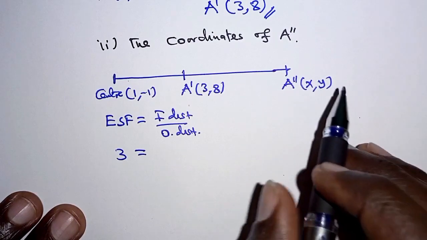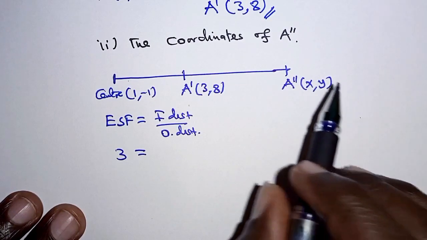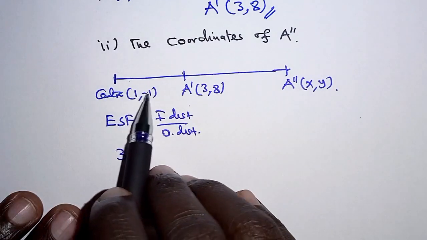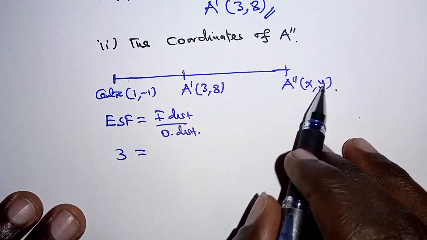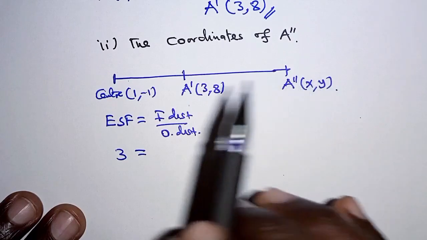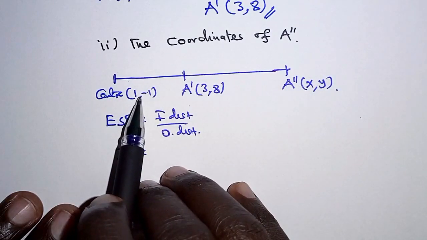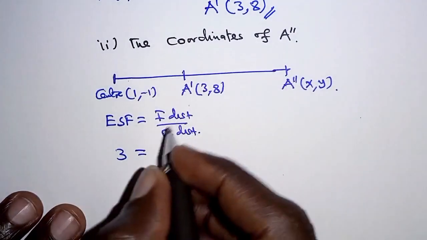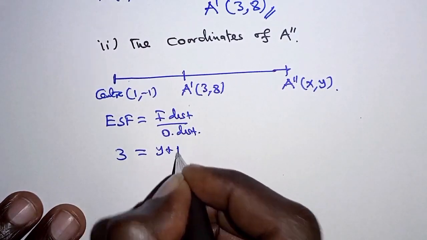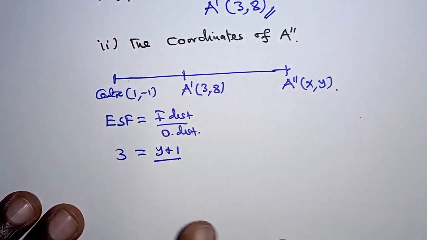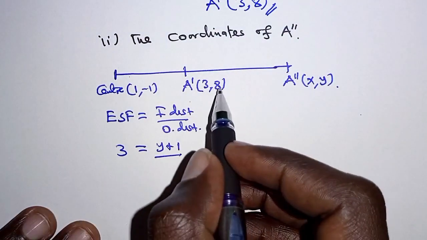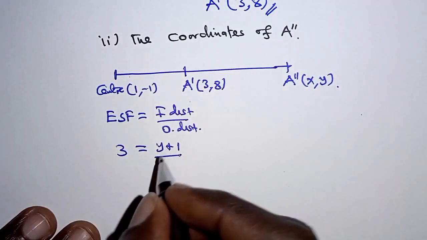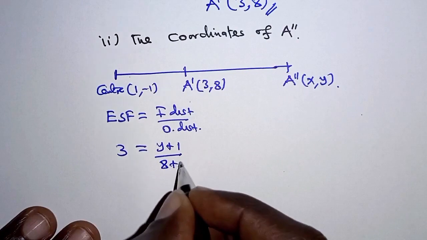Beginning with y, we'll have image distance, that is y minus negative 1. So you take the y coordinate of the image less the y coordinate of the center of enlargement. So we have y minus negative 1, and that is y plus 1, over object distance 8 minus negative 1, and that is 8 plus 1.